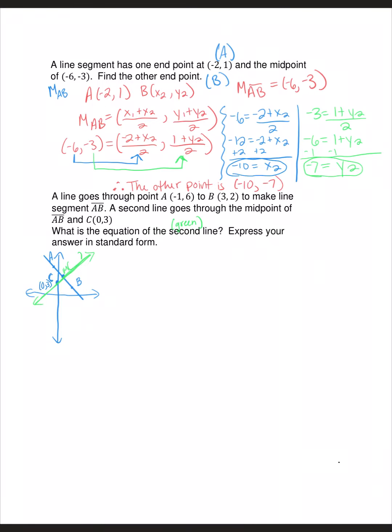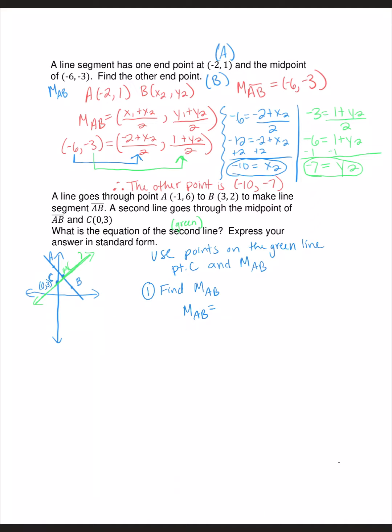So let's use points on the green line, point C and the midpoint of AB. So we have to figure out what that midpoint is. So let's find the midpoint of AB.